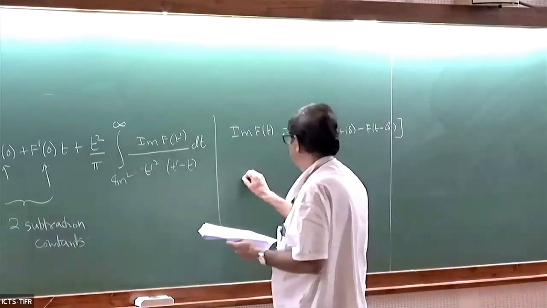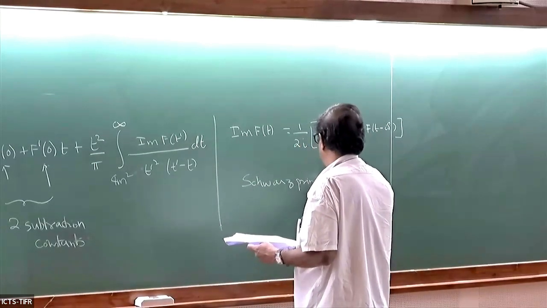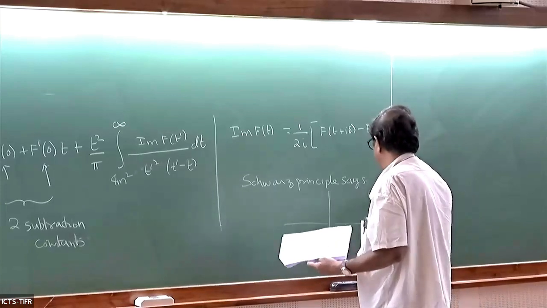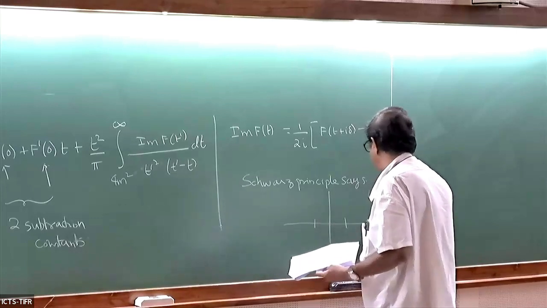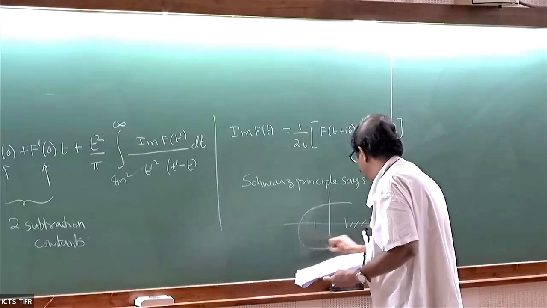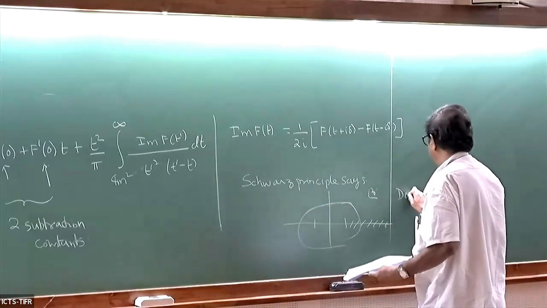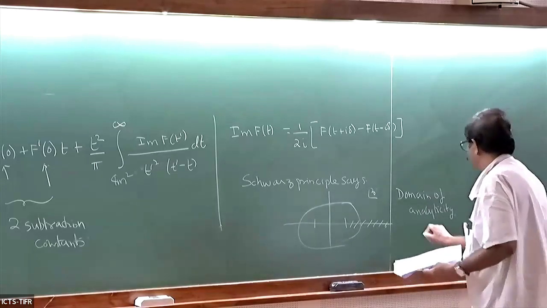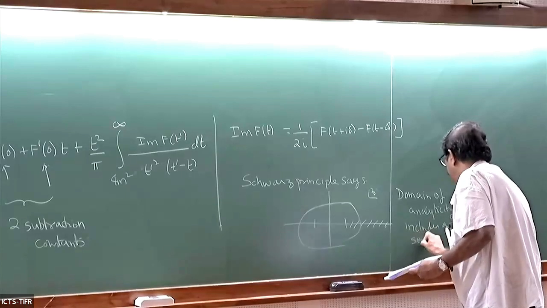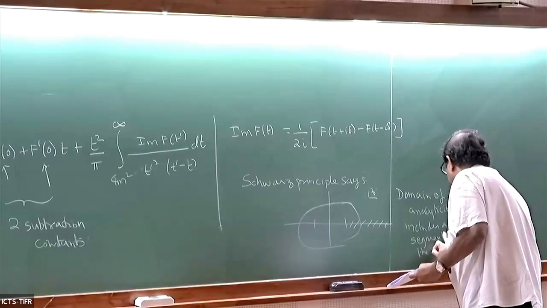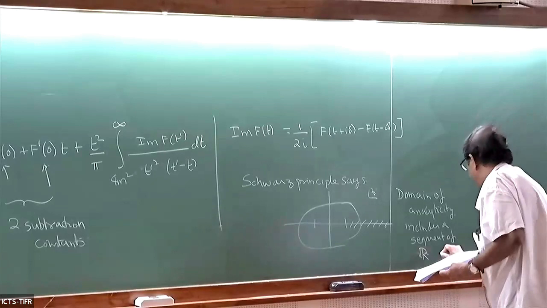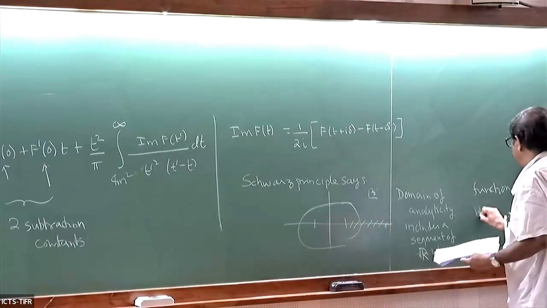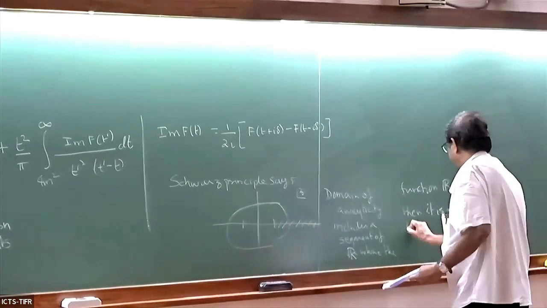The Schwarz reflection principle says that in the complex plane of any function, if there is a domain of analyticity that includes a segment of the real line R where the function is real, then it must be of the real analytic type.